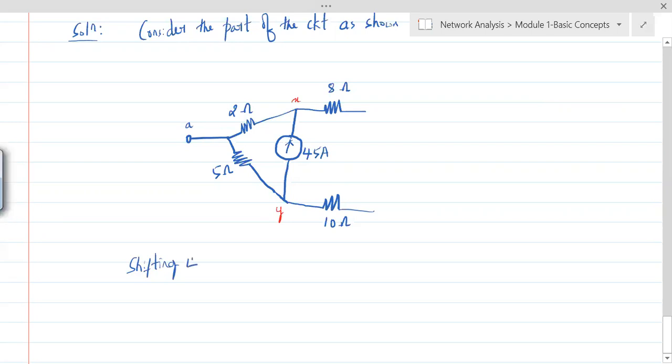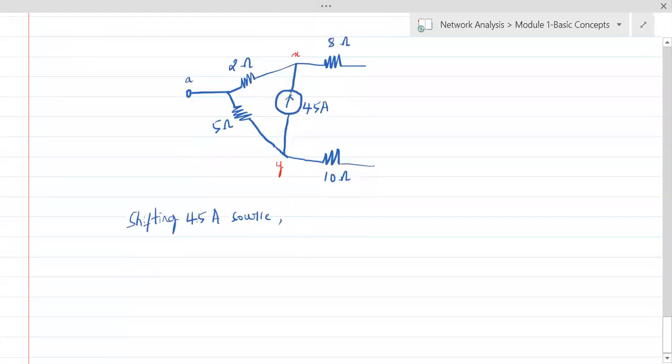Shifting 45 amp source. How do we do that? Everybody just look at this. We have a resistor here, we have another resistor here.